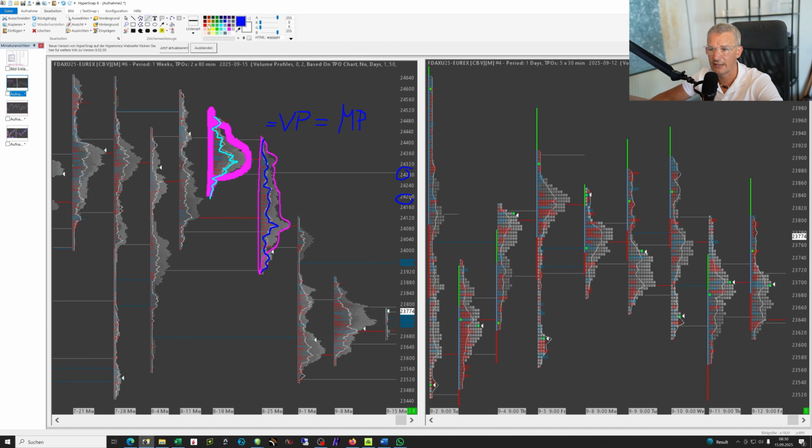So here, once again, as you can see, we have the market profile right here. And here we have the volume profile. So what's interesting for us now? What's different? In the end, not much. But we can see very, very clearly, for example, that here we have the point of control, that is the area with the highest turnover on a time basis, and here the area with the highest turnover on a volume-weighted basis.